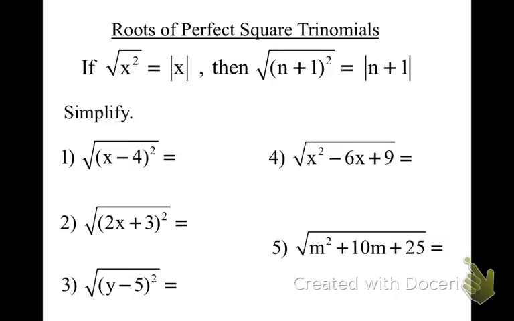So what would number 1 be? Jackson. The absolute value of x minus 4. Yep, because the binomial is to the first power. Number 2, please, Alex. Would it be x plus 3? Nope. Oh, 2x, I meant 2x plus 3. Okay, but it's a binomial, so when I pull the root out, it's to the first power.